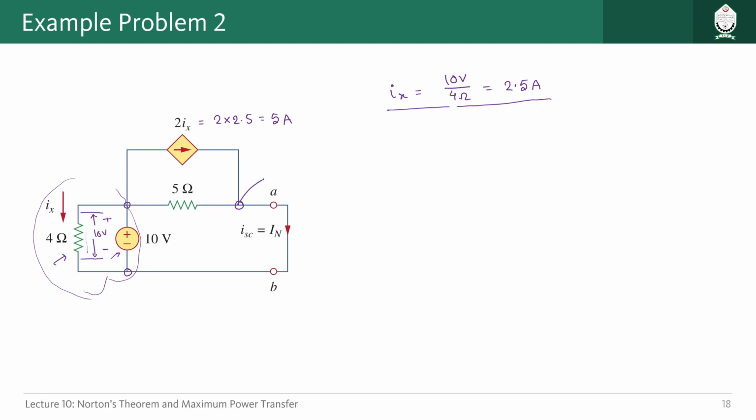In this particular node, let us call that VA. So in this particular node, some currents are flowing in, some currents are flowing out. So this current is obviously flowing in, and this current IN is flowing out.